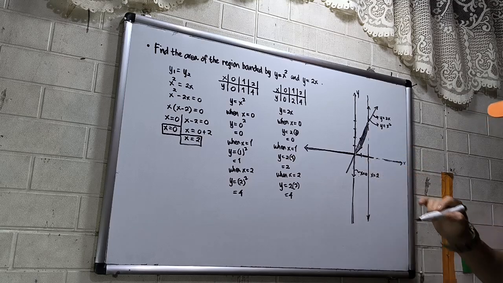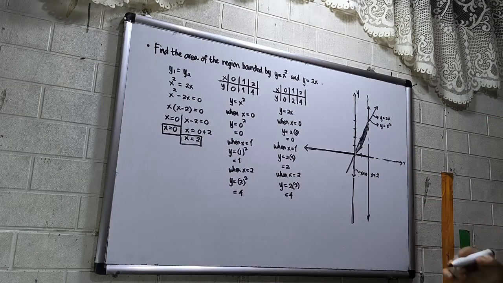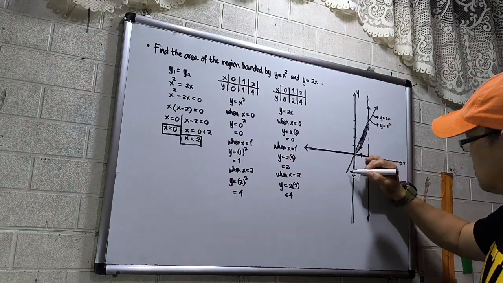So the graph must be like this, this one is the line.